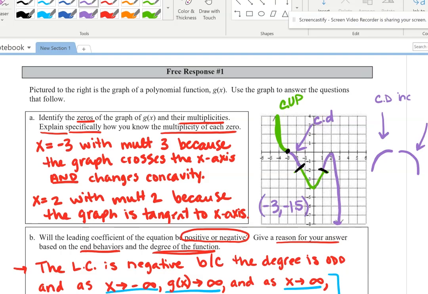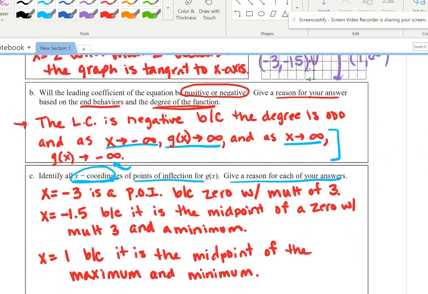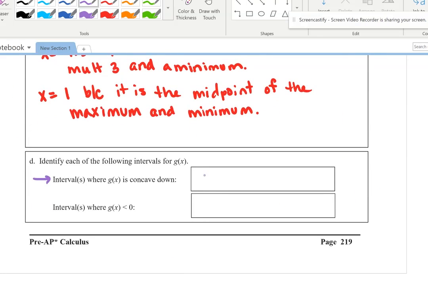So on that interval, and then the interval from 1 to infinity. And so let's just put that up here. We have from -3 to -1.5, and then from 1 to infinity.